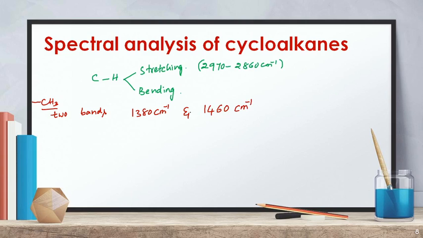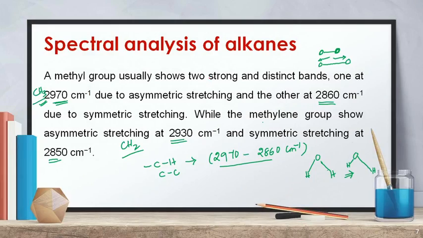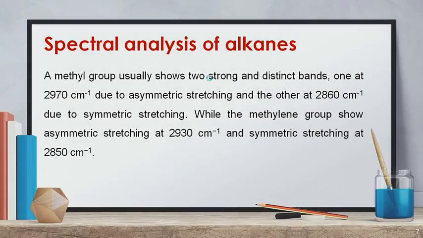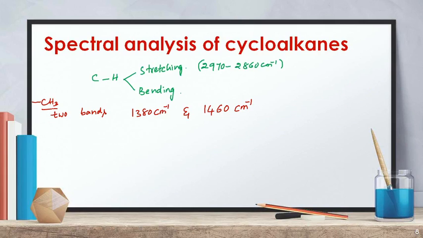So these two are the possible bands for the methyl group, and these two are bending vibrations. The stretching vibrations for methyl group and methylene group I have just given in the previous slide. And here for the methyl group there are two possible bands, 1380 and 1460 centimeter inverse.